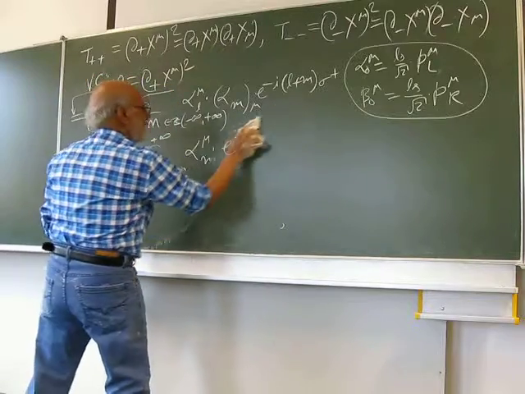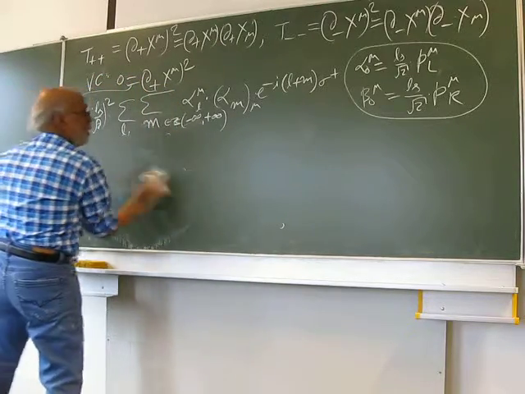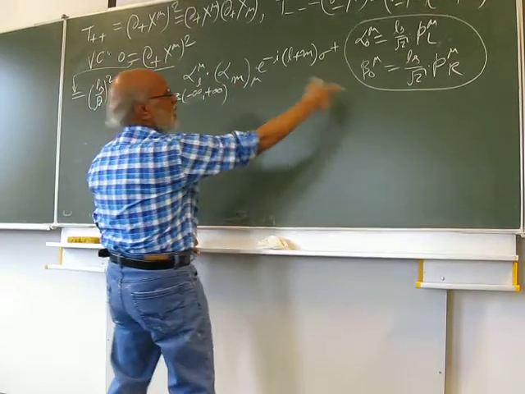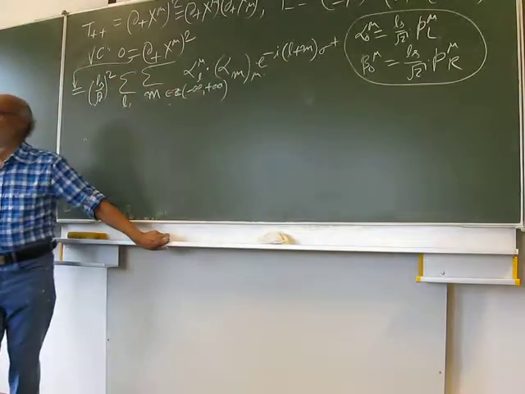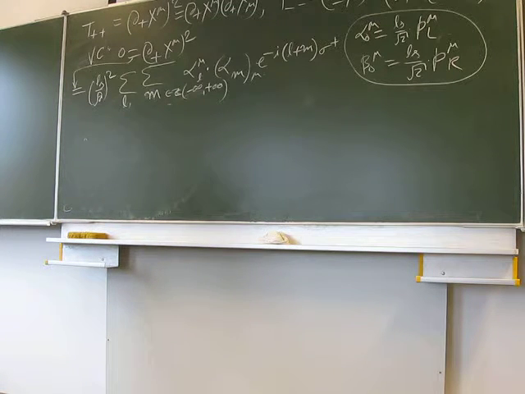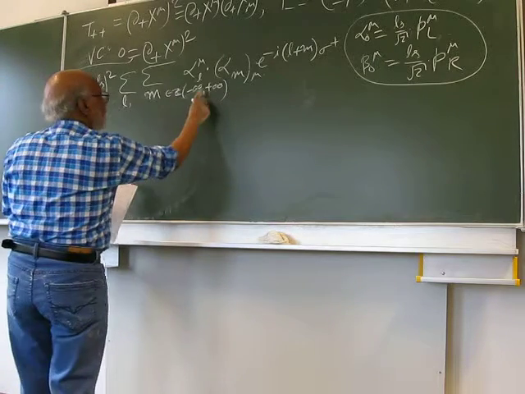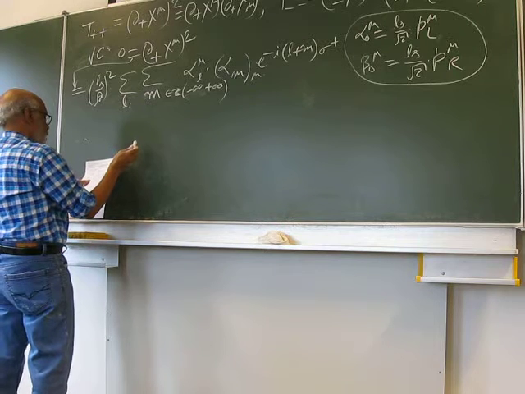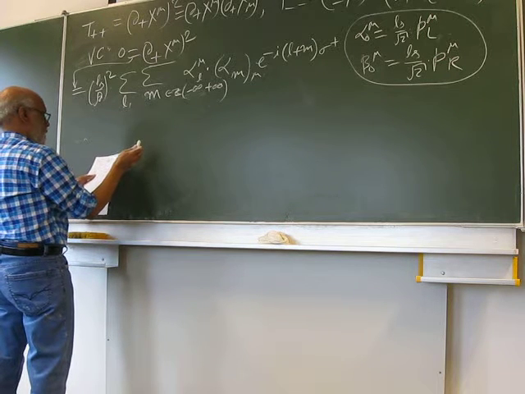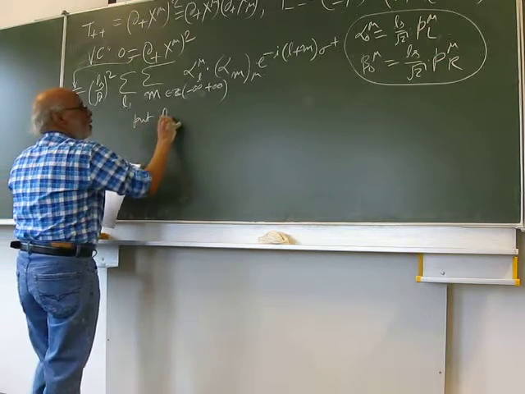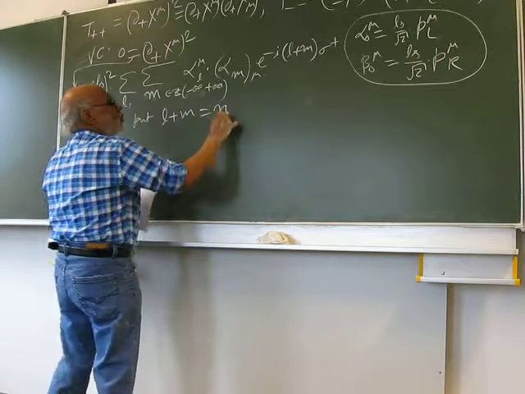Alright. Now I can remove this, and here the 0 modes, alpha 0, are included here. Okay. Now let me put L plus M equal to some n.